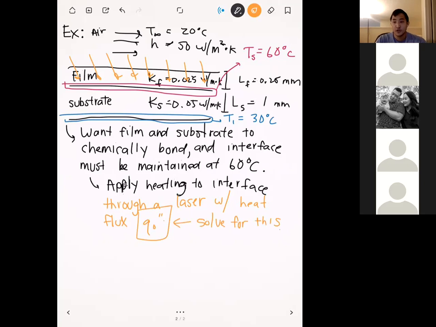So given the situation, what we want to do in this example is solve for that heat flux such that we can maintain an interface temperature of 60 degrees.